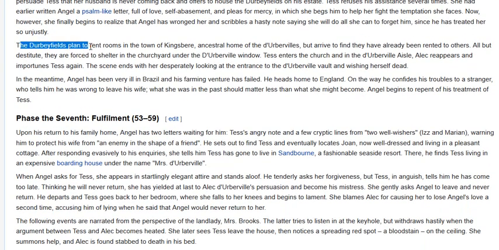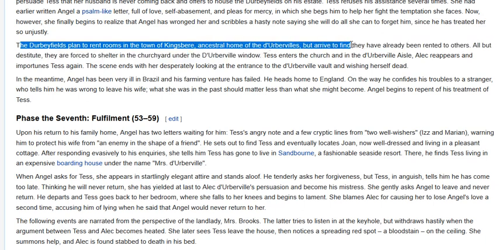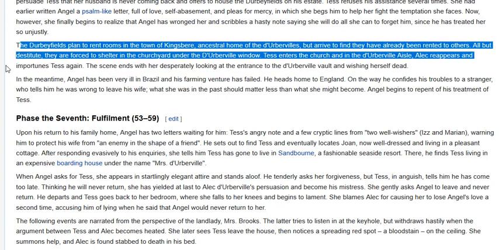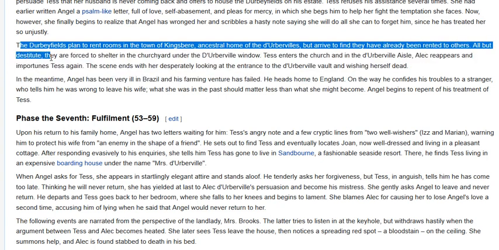The D'Urbervilles plan to rent rooms in the town of Kingsbear, ancestral home of the D'Urbervilles, but arrive to find they have already been rented to others. All but destitute, they are forced to shelter in the churchyard under the D'Urberville window.